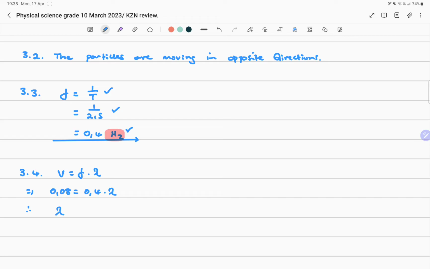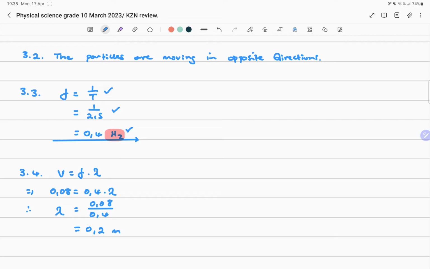Therefore our lambda is going to be 0.08 divided by 0.4, which is basically 0.2 meters, right? The wavelength is in meters.